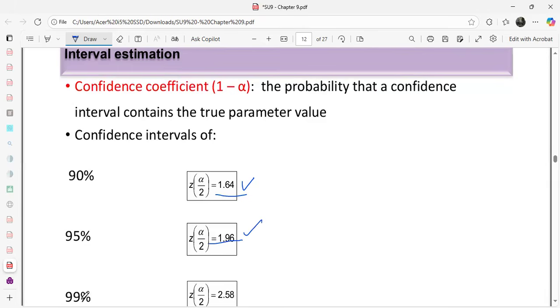For the 99% confidence interval, it's 2.58. If they say calculate or determine the confidence interval of 90%, you use 1.64; for 95%, 1.96; for 99%, 2.58.